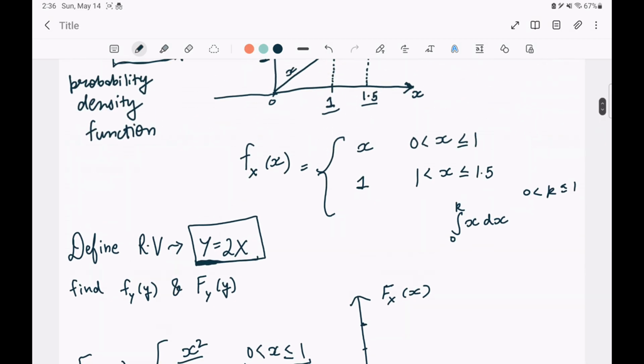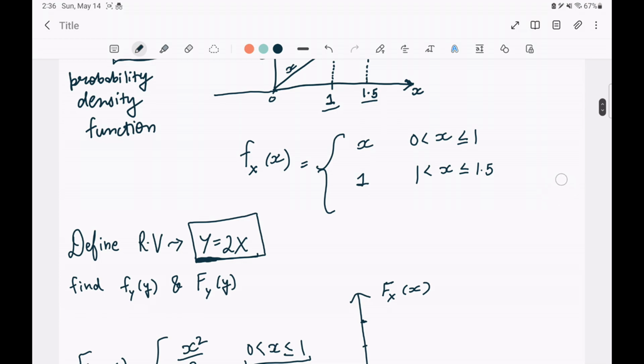Now let's see its behavior in the range where small x varies from 1 to 1.5. So here it's 1 times dx, which goes from 1 to, let's say, some value k.